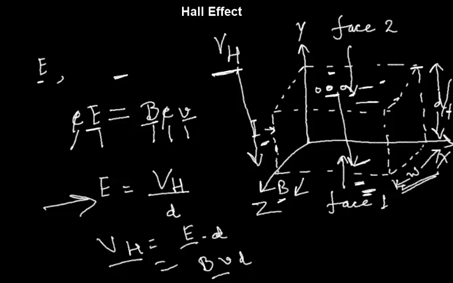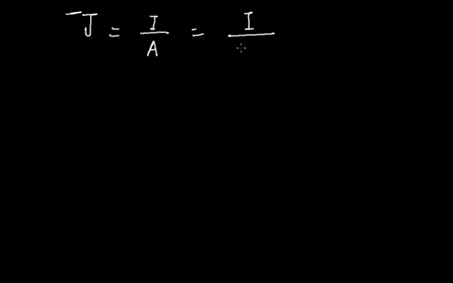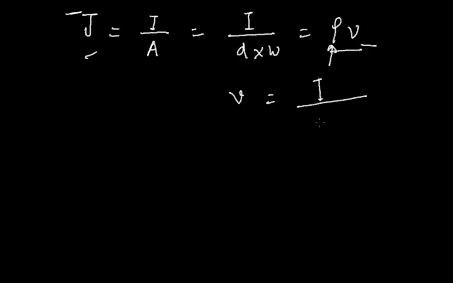So we'll write d multiplied by W in place of area, and J is equal to rho V. This is also a formula for current density in terms of charge density. So rho is charge density here, and V is drift velocity again. So from here we can say that V, drift velocity, is equal to I divided by rho W d, right? So this is drift velocity.